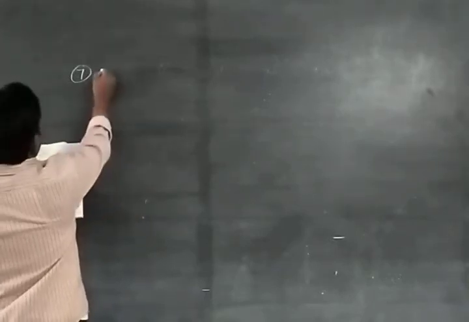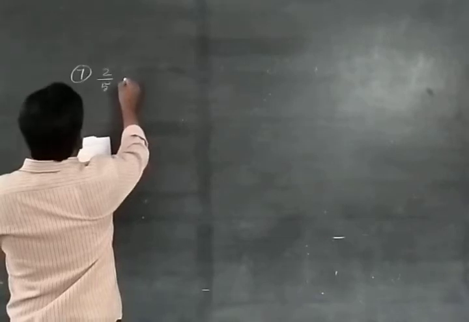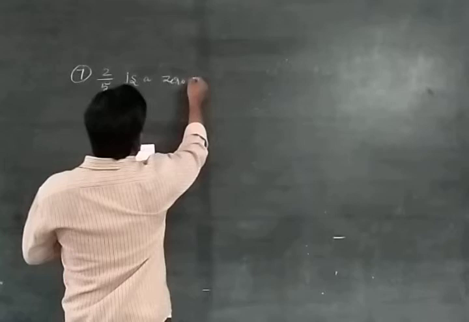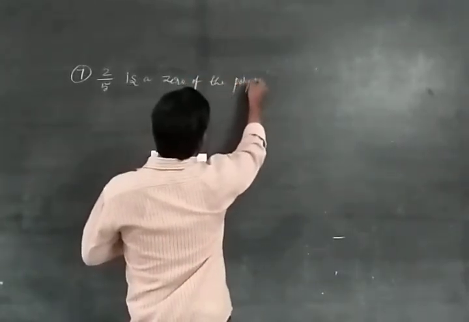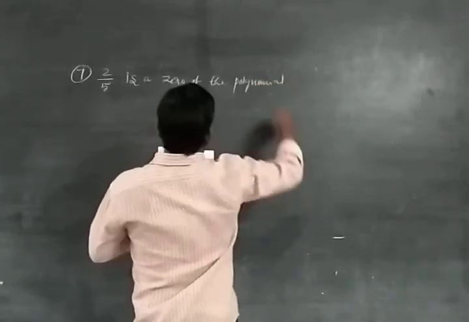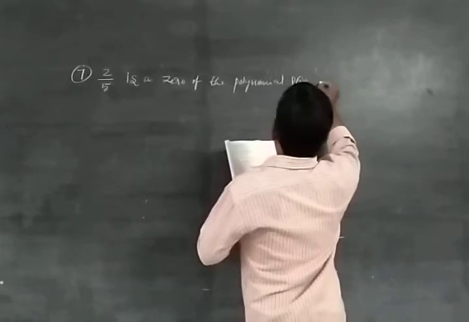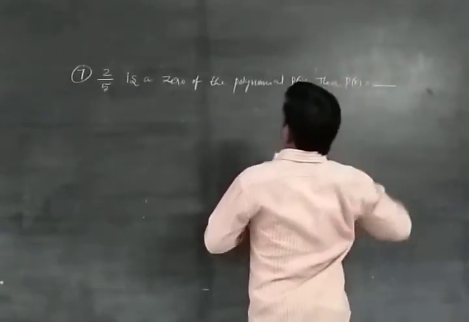And the seventh one. 2 by 5 is a zero of the polynomial p of x, then p of x equal to dash.